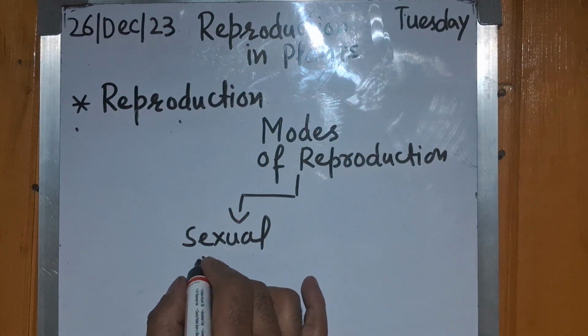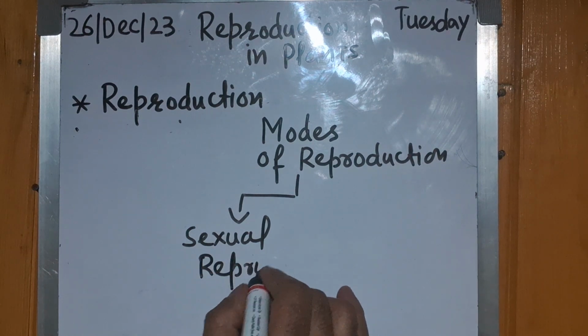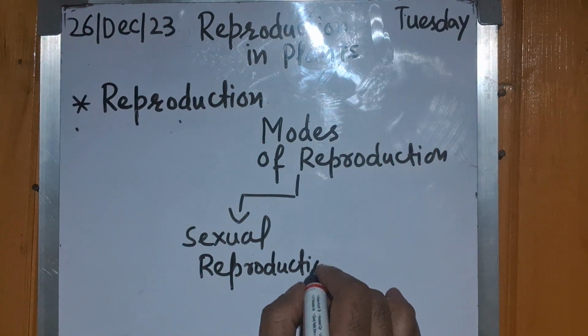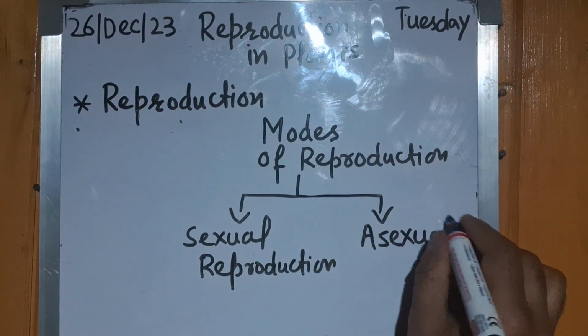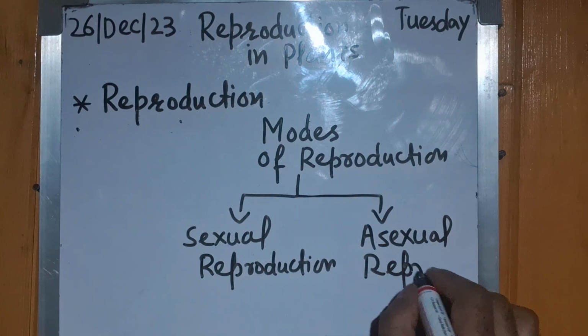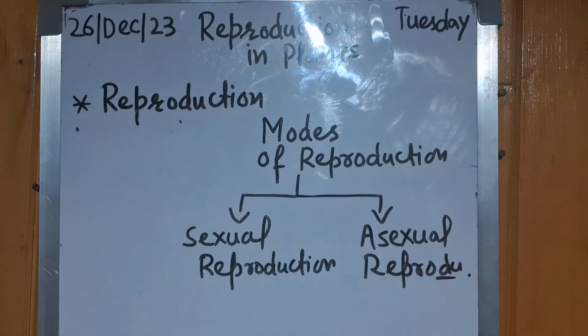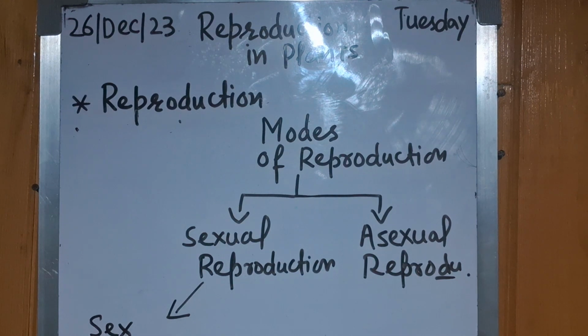Sexual mode of reproduction is that type of reproduction in plants in which plants use sex cells called gametes. Sex cells or gamete cells are used.